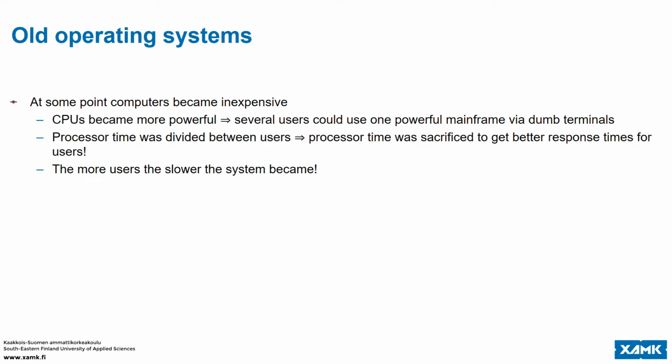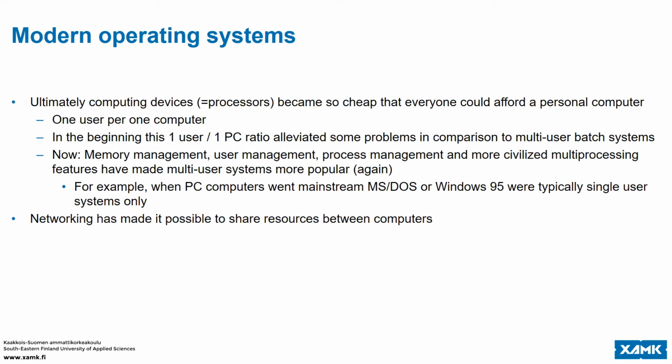We could have more users, and that of course meant more users sharing the same computing resources, the slower the entire computing system became. And of course now in 2020, basically anyone can afford a microcomputer. So computers are ultimately so cheap that everybody can afford at least one. Probably we have multiple processors on us at all times. So you probably have a PC somewhere, you probably have a smartphone, you may have a number of computing devices.